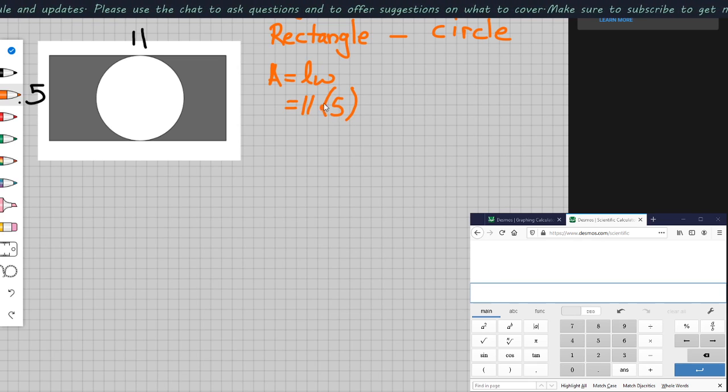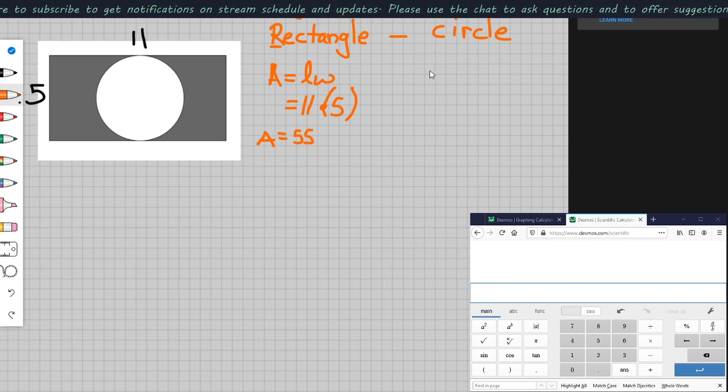You could also use the little multiplication symbol, but don't use the x, because we won't be using the x anymore, because most people are going to get confused with it being a variable at this point. So 11 times 5 is 55, and we have our first area of the rectangle. You could also call that r instead for what we just found.